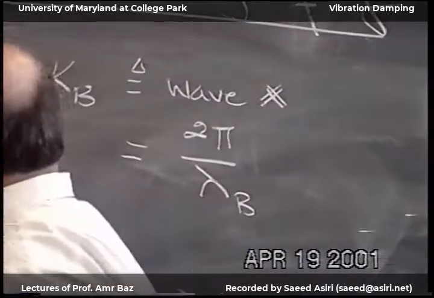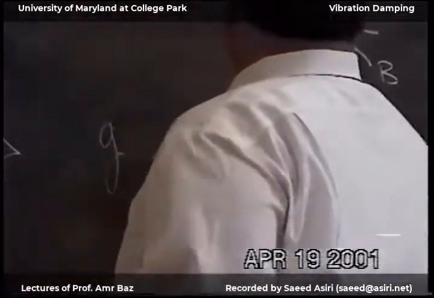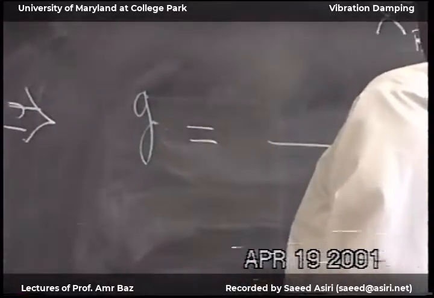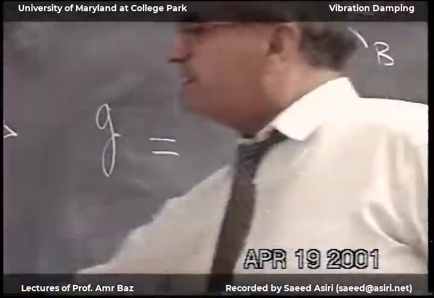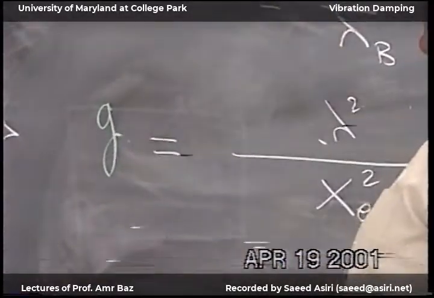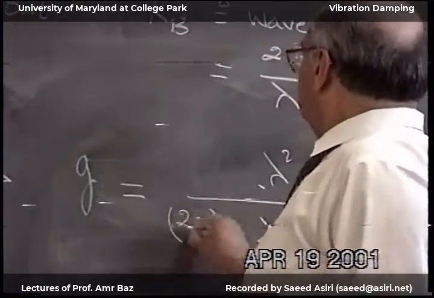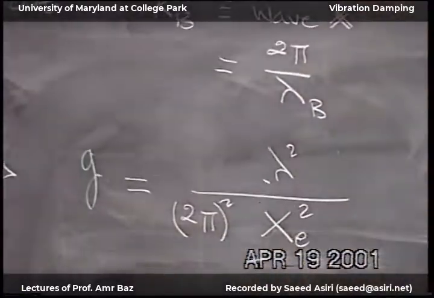And now G becomes equal to XE squared, and I'll replace this by what we have here. So this is lambda squared and 2 pi squared.